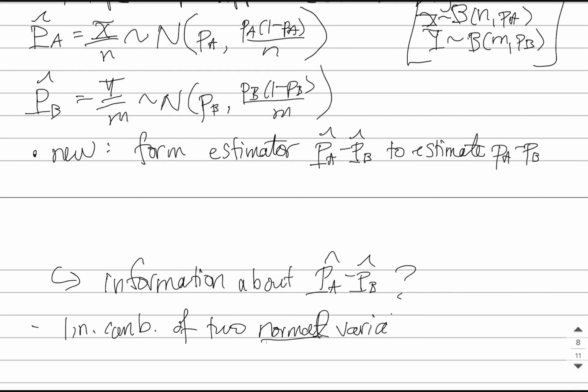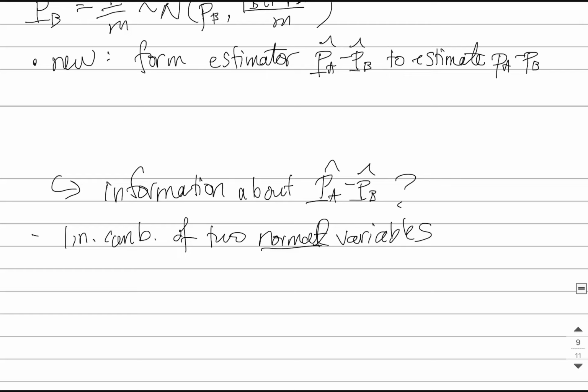Now, from earlier ideas, we know that this is a linear combination of two normal variables. And that means we can put together all of the information we need right away in one step. We'll figure out the mean, the variance, and the distribution itself. Because individually PA and PB are normal, their difference will also be normal. So that tells us what the shape of the distribution will be. The mean is simply the difference in these two individual means, which was a property of normal distributions we talked about earlier in the course.